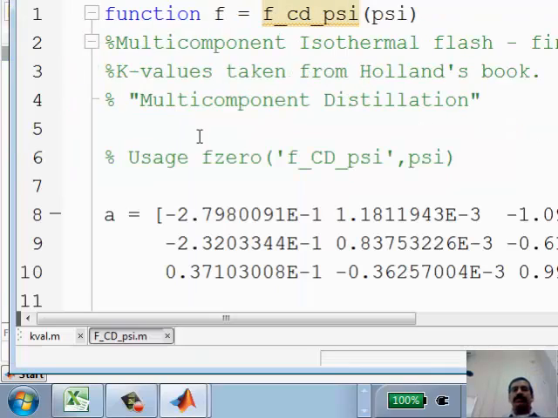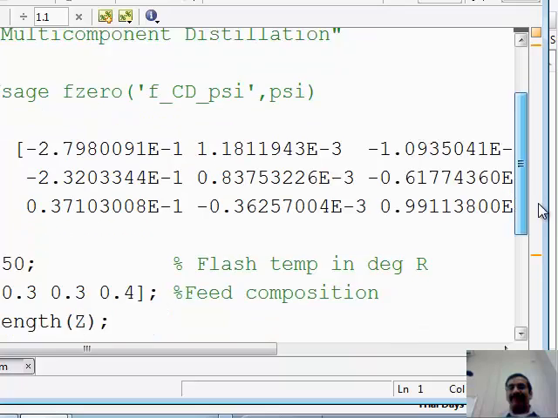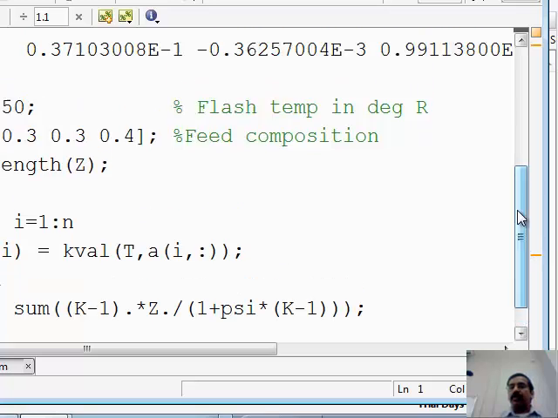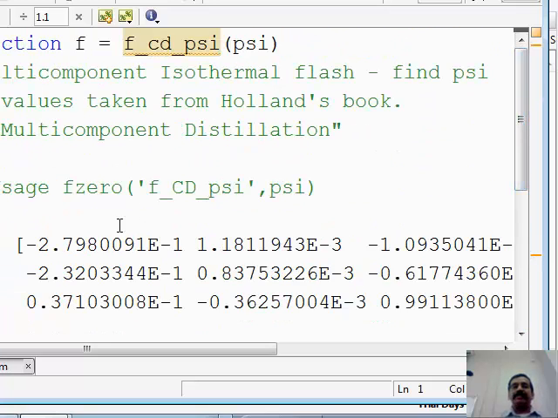So this is a function that implements the flash equation. The flash equation, like k minus 1 times z divided by 1 plus psi k minus 1. You have programmed this, you have looked at it many, many times. Okay. So the only variation I have done is I have included all the a values inside this function that was given to me in the table.